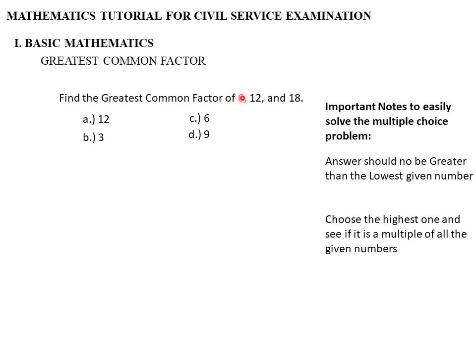The lowest is 6, so we can now eliminate 12 and 9, which are greater than 6. So definitely these are not the answer. So let's try. Choose the highest one. Is 6 a factor of 6? Yes. Is 6 a factor of 12? Yes. Is 6 a factor of 18? Yes. So the answer is 6.